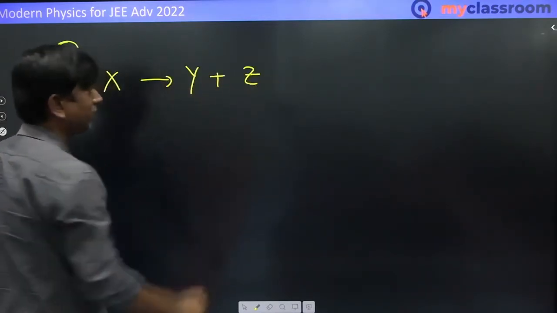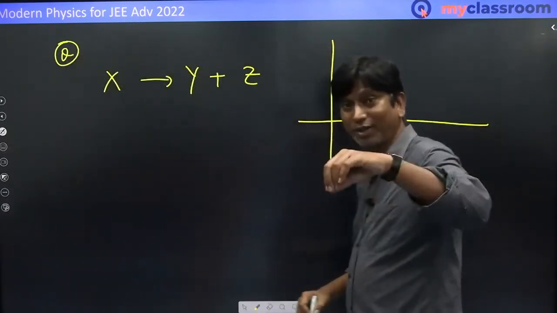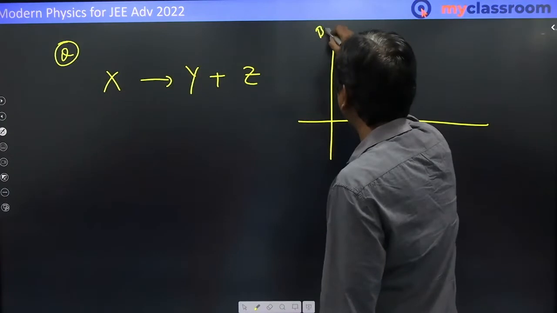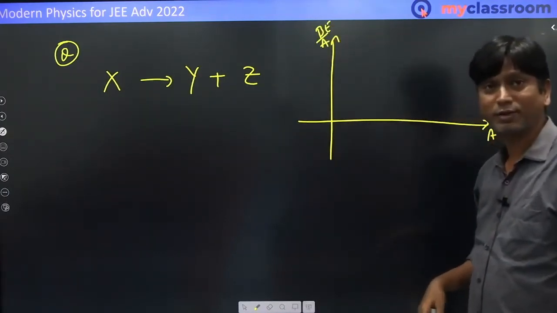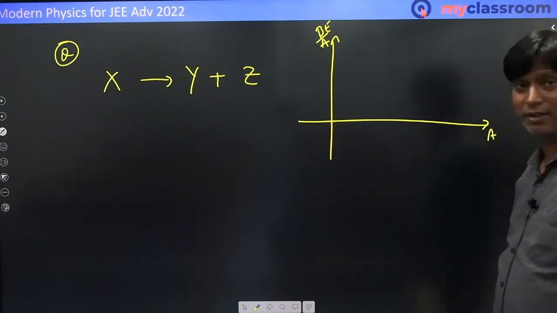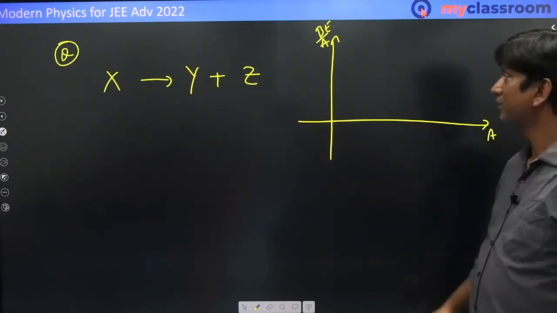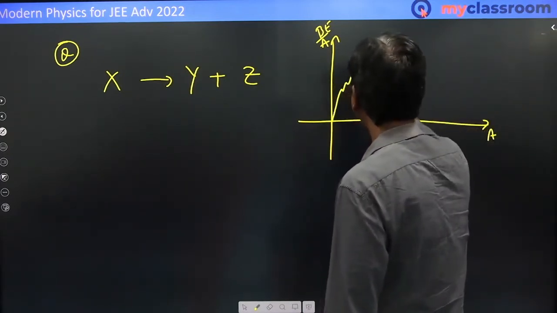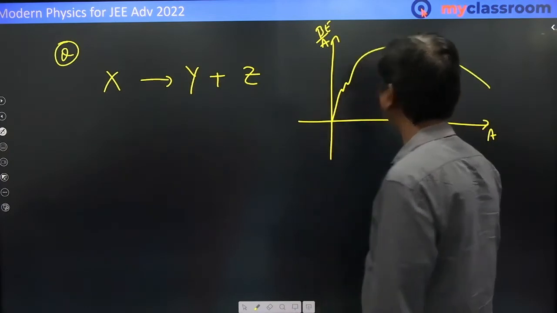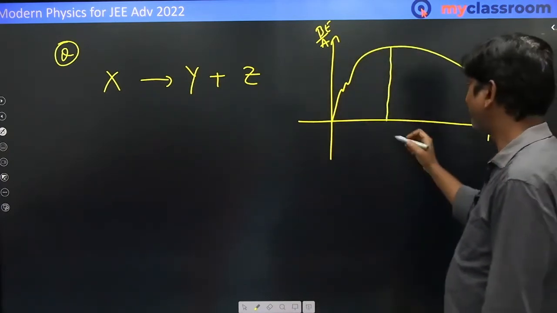See, if you look at the binding energy per nucleon curve, binding energy per nucleon versus mass number, at that time you will be getting something like this, gradually decreasing. So somewhere here is the highest, right?